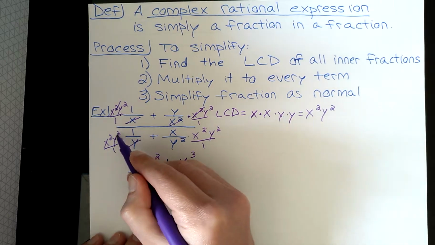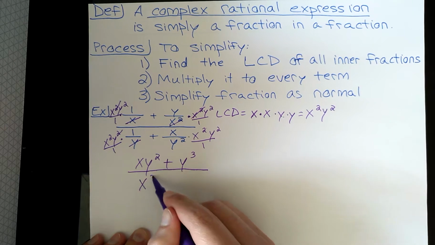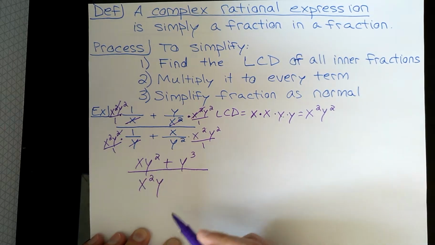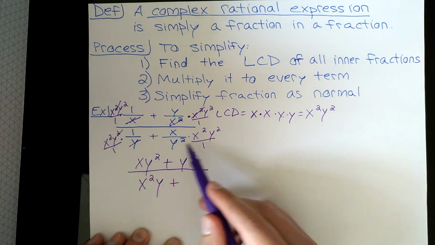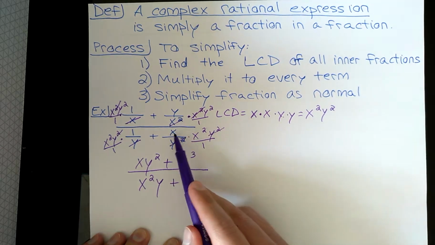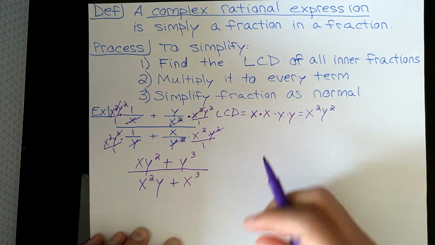We can cancel one of the y's from the top and bottom, leaving us with x squared y. And then plus, over here, we have a y squared in the top and bottom that will cancel out, leaving us with x times x squared, which is x cubed.